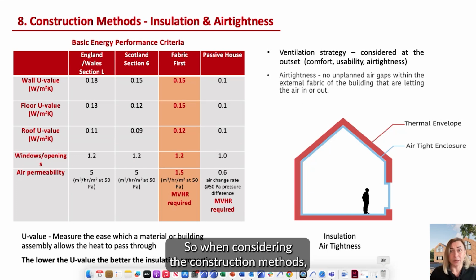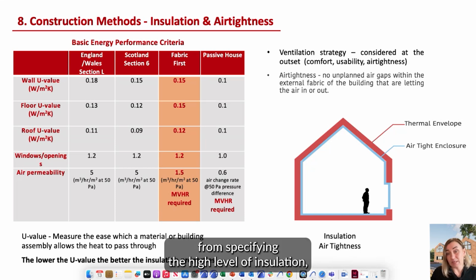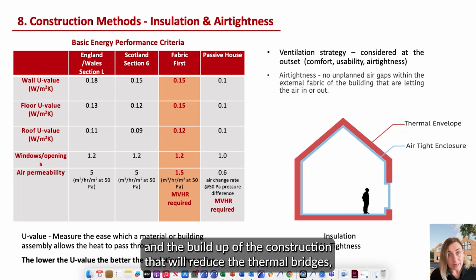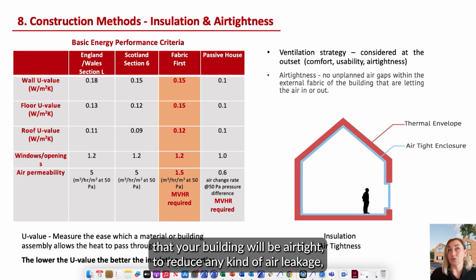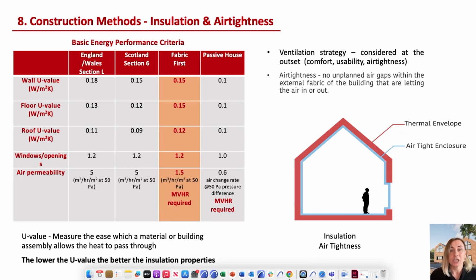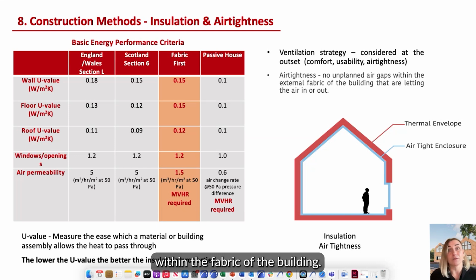So when considering the construction method, apart from specifying a high level of insulation and a buildup of the construction that will reduce thermal bridges, you want to make sure that your building will be airtight to reduce air leakage and heat loss through any gaps and cracks within the fabric of the building.